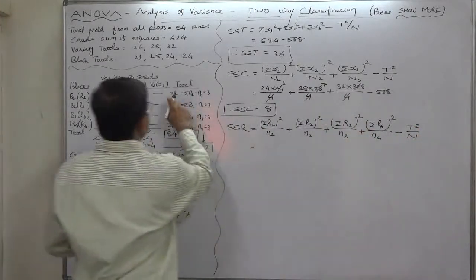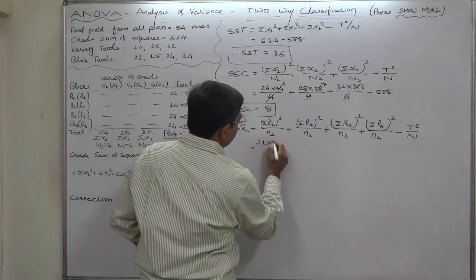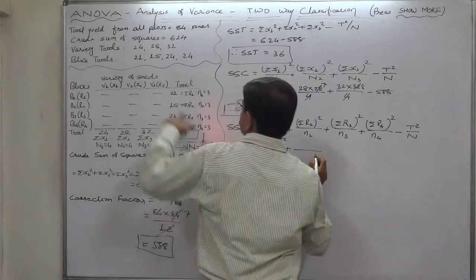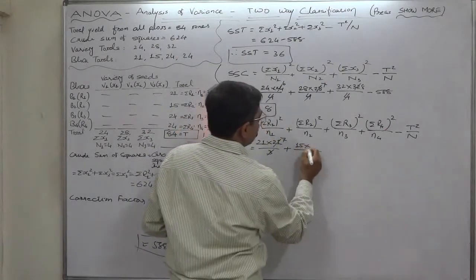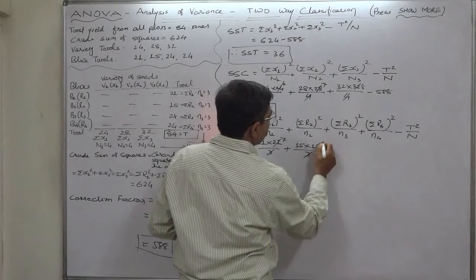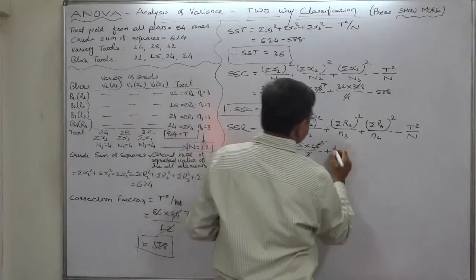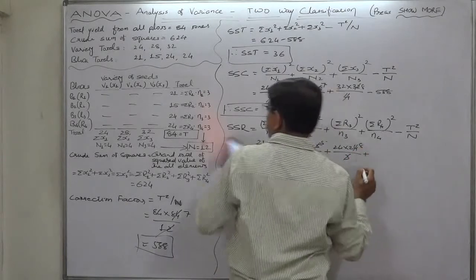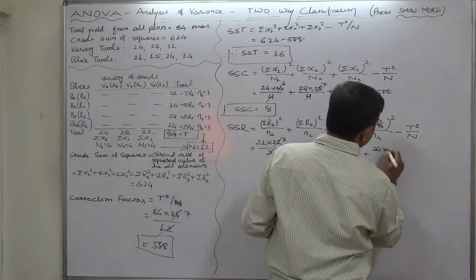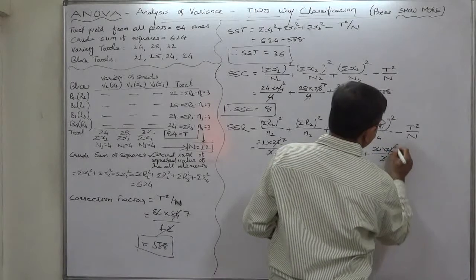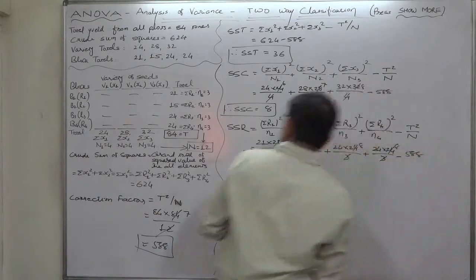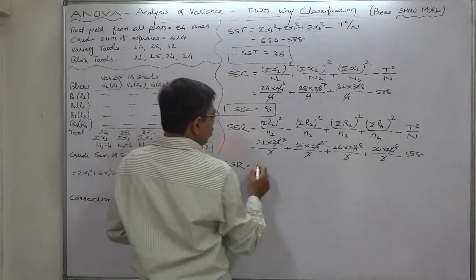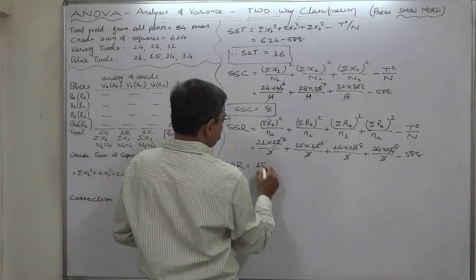That means square of 21 divided by 3 plus square of 15 divided by 3 plus square of 24 divided by 3 plus again square of 24 divided by 3 minus 588, and please simplify this and SSR will be 18.